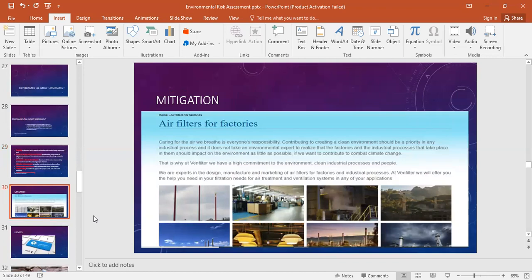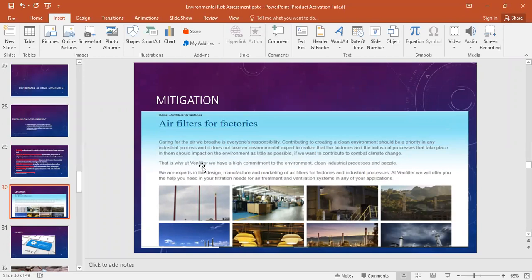Mitigation: air filters for factories. Caring for the air we breathe is everyone's responsibility. Contributing to creating a clean environment should be a priority in any industrial process. It does not take an environmental expert to realize that factories and the industrial processes in them should impact the environment as little as possible.